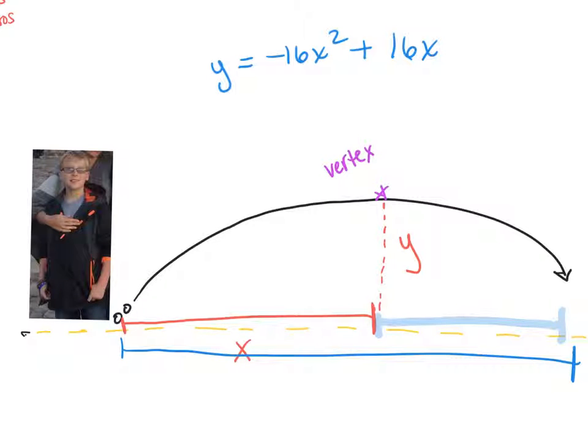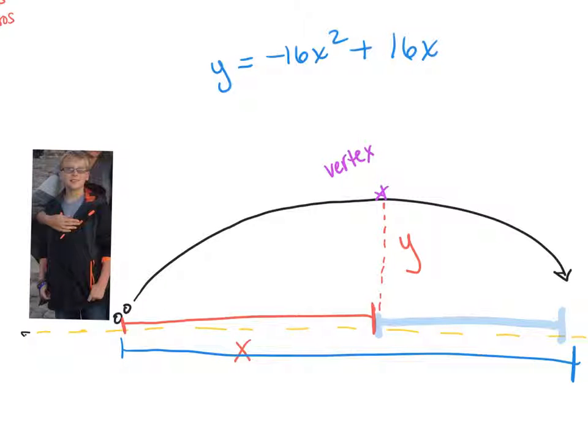This is a function that engineers, mathematicians, scientists discovered represents the height of a projectile: gravity pulling it down at this many feet per second, time, multiplied by the velocity at which the object was going for the amount of time that it was going.